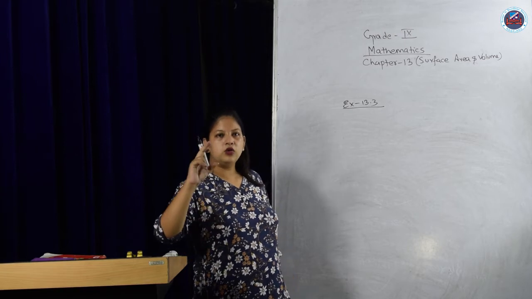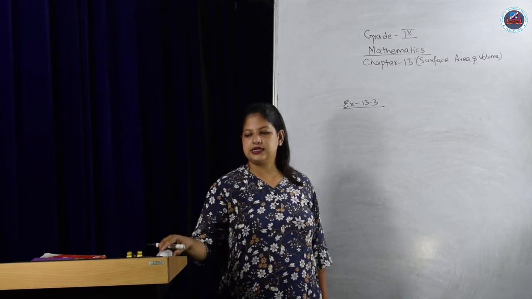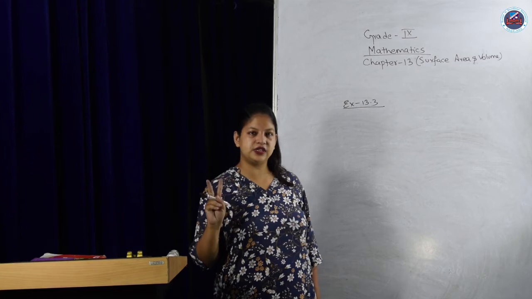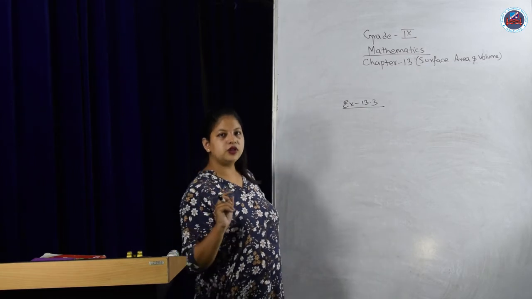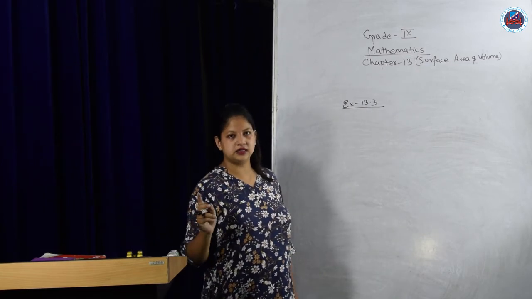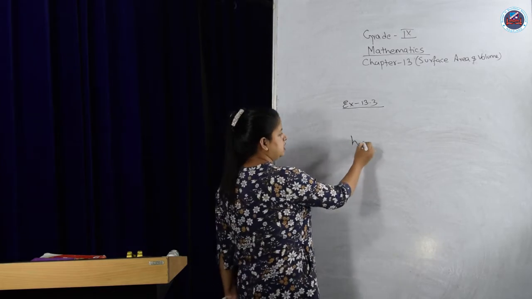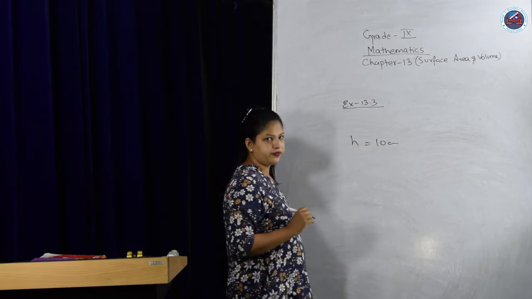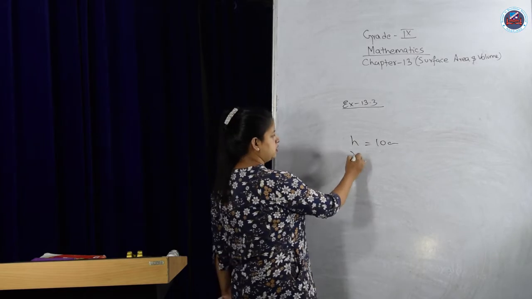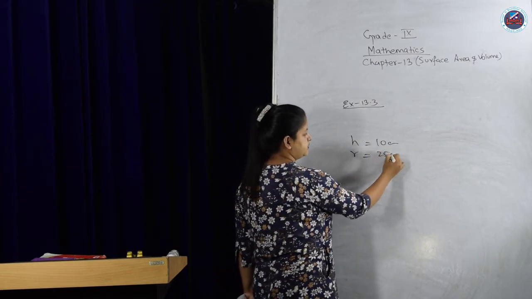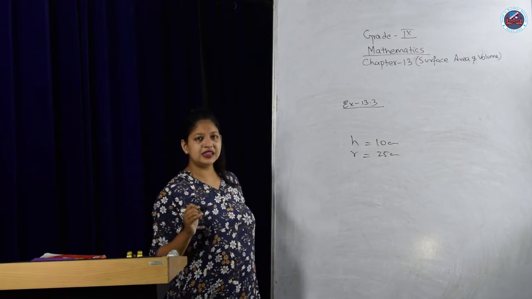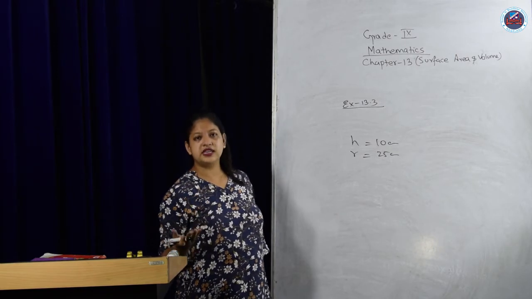In a cone, there are 2 types of height. Unlike cylinder, cone has slant height and vertical height, two things. So if in the question they say just height, if height of the cone is 10 centimeter for example, and radius is 25 centimeter for example, and they ask you to find CSA.